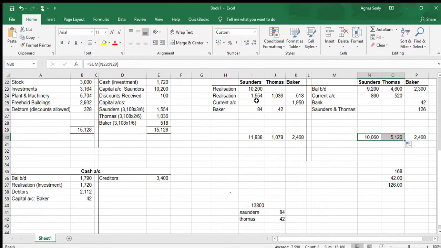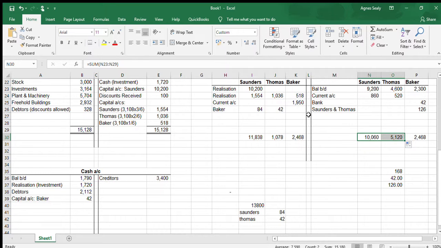So when we look at the debit side and the credit side of Saunders and Thomas's capital accounts, Saunders' capital account on the debit side is $11,838, and on the credit side it is only $10,060, whereas Thomas's credit side is $5,120 and his debit side is only $1,078. So you'll find the difference between these sides.